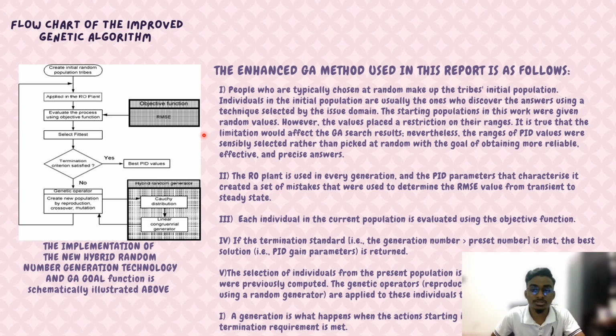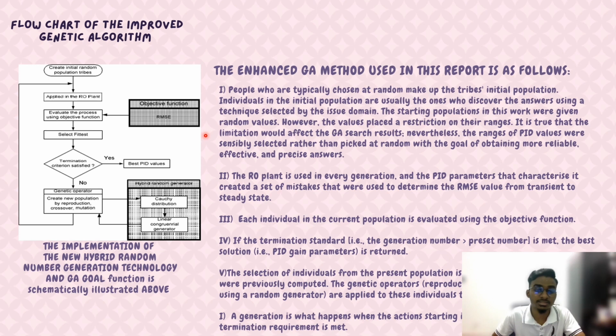The starting population in this work was given random values. However, the values place a restriction on their ranges. It is true that the limitation will affect the GA research result. Nevertheless, the ranges of PID values were sensibly selected rather than picked at random, with the goal of obtaining a more reliable, effective, and precise answer.